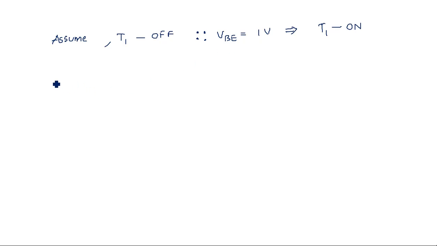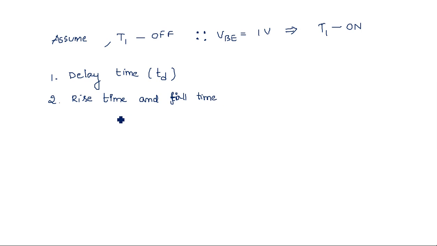Okay, there are generally 3 different time instants we can study here. One is delay time, indicated by TD, and second one, rise time and fall time, we can say rise time is indicated as TR and fall time is indicated as TF.